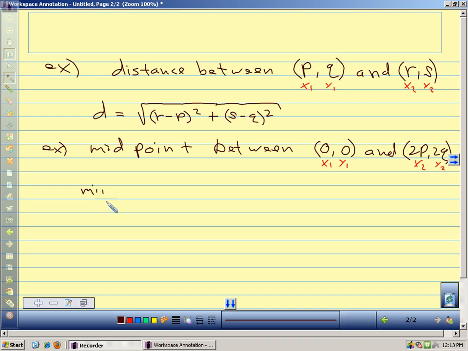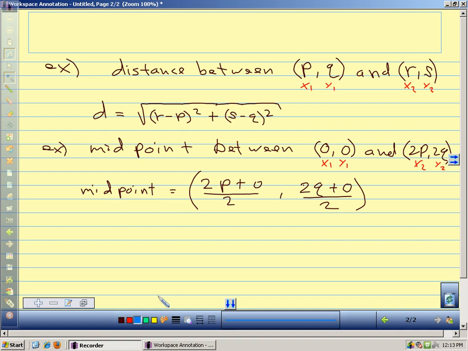So the midpoint is x2 plus x1, 2p plus 0, divided by 2, and the y-coordinate is 2q plus 0, y2 plus y1, divided by 2.